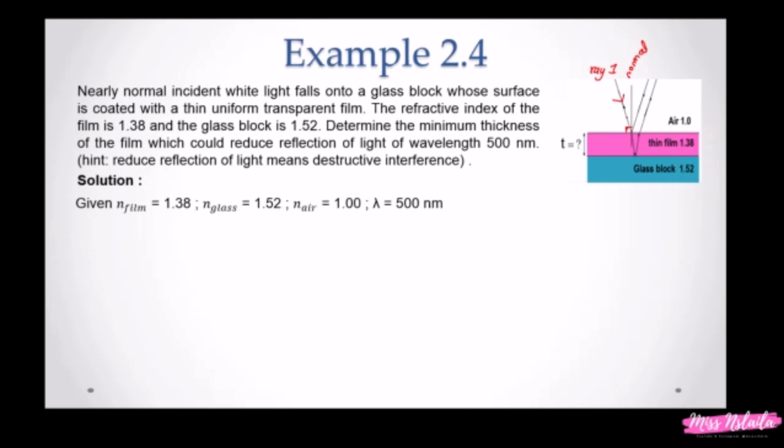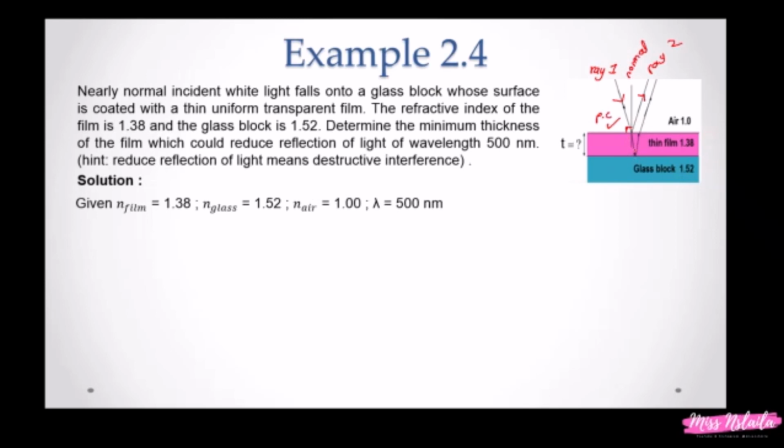Okay, what happens when this ray 1 enters this thin film? It will refract into it while some of the light will be reflected from it to produce ray 2. Then you check whether this ray 2 has phase change or not. It reflects from the less dense to the denser medium, thus it has phase change.